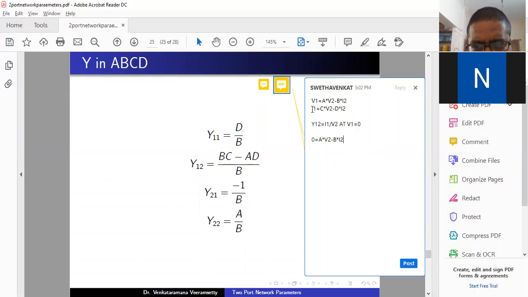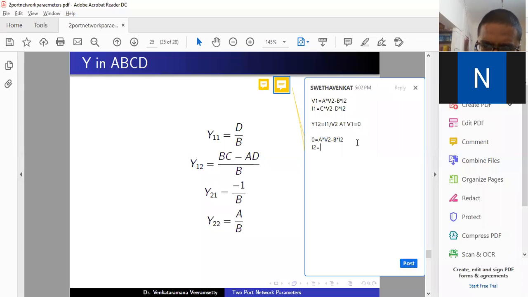Here I have I1 and V2, but I have I2 again. If I am able to find I2 in terms of V2, then I replace that expression here and take V2 common and calculate I1 by V2 later. So my first aim is to find I2 in terms of V2, which can be achieved from this equation.